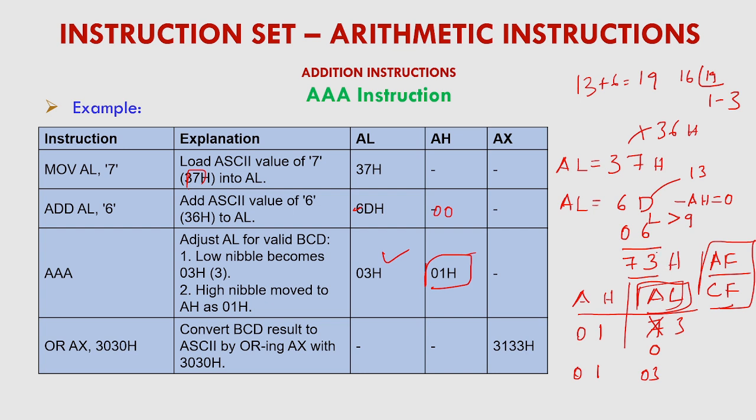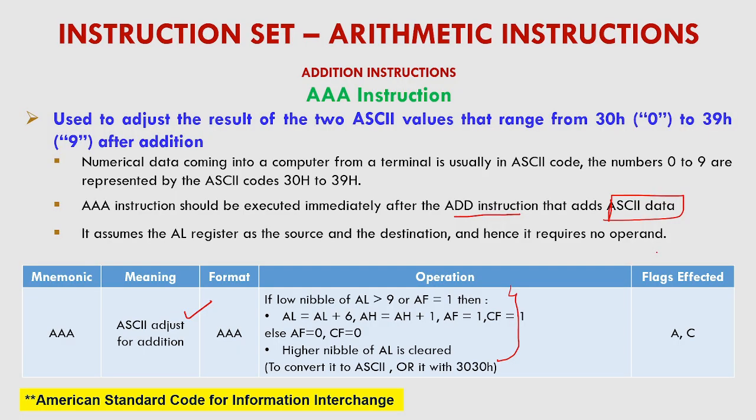Okay, so now if you go to the condition, you can see here the lower nibble. We know that our answer was 6D, right? So what we checked is that D is greater than 9. So what we need to do is, the auxiliary flag is equal to 1. If this condition is satisfied, then we need to add 6, which we have done, right?